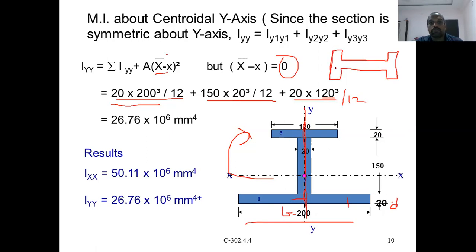By the condition, in some places you may require it like this. It is like an H section. Okay, this is like an H section. If it is like this, it is an I section rotated by 90 degrees.